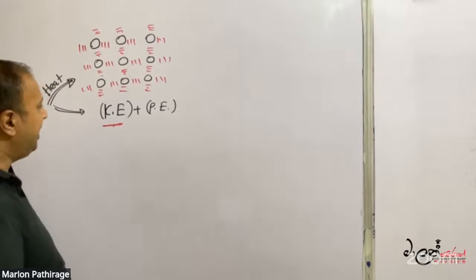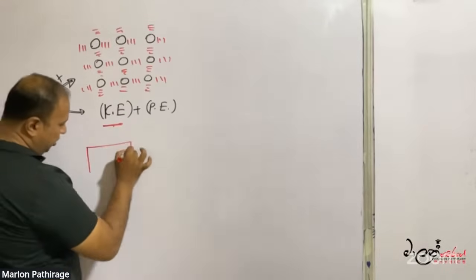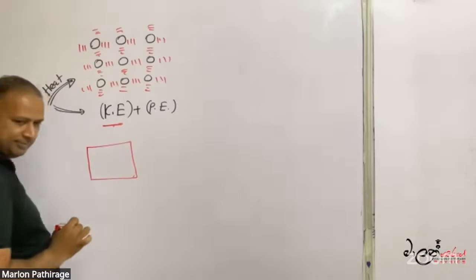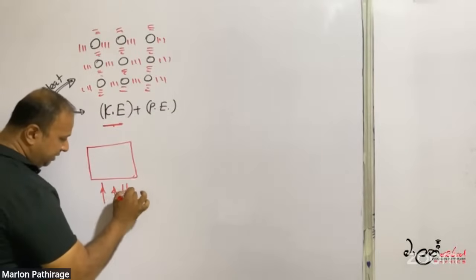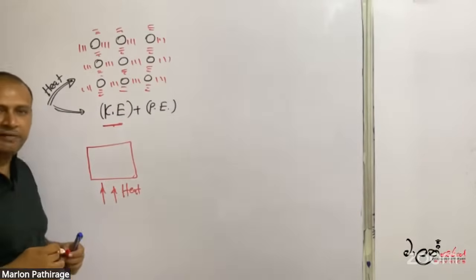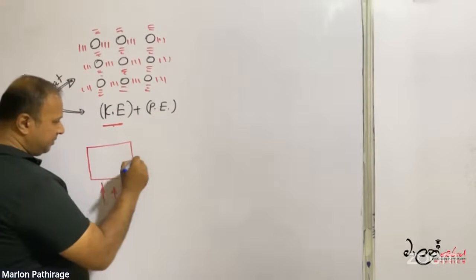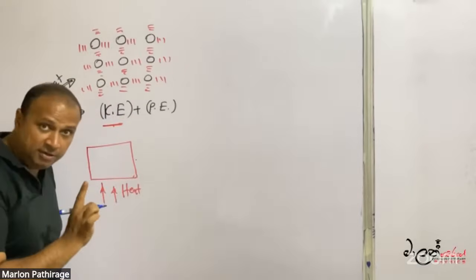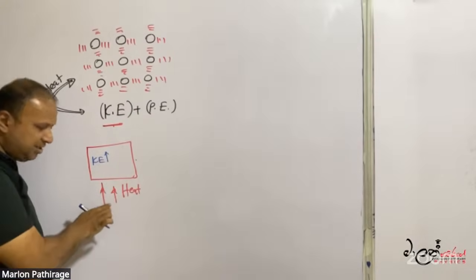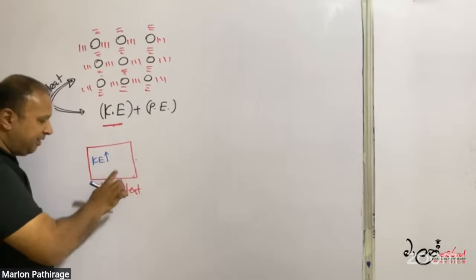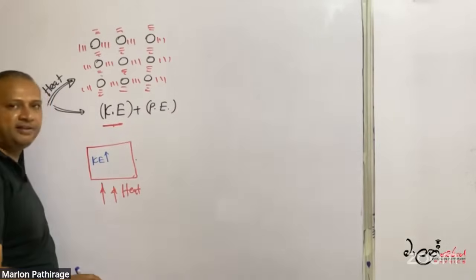So at this position, initially there is an object. Now we supply heat energy. Then what will happen? Initially, the kinetic energy of the particles increases. The supplied heat energy is totally utilized to increase the kinetic energy of particles.